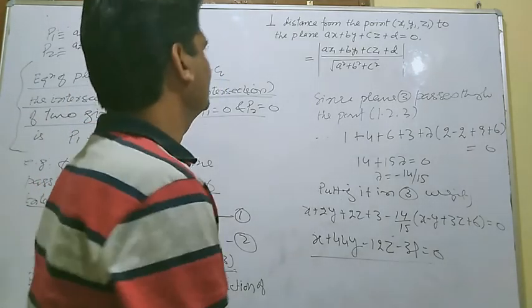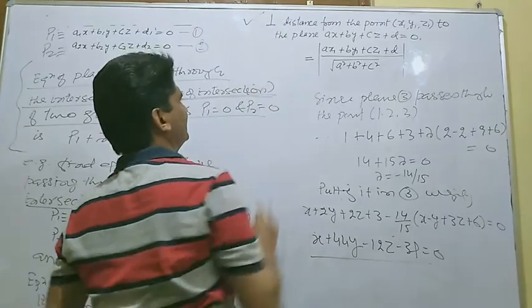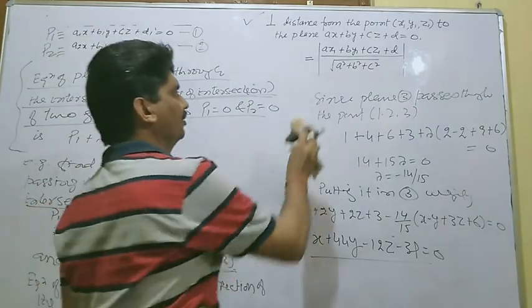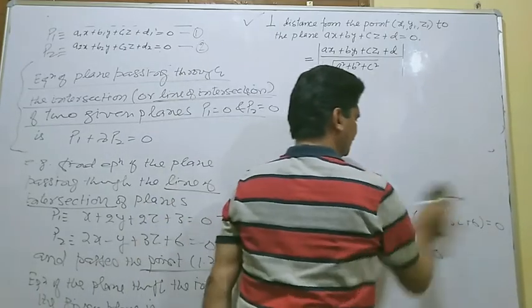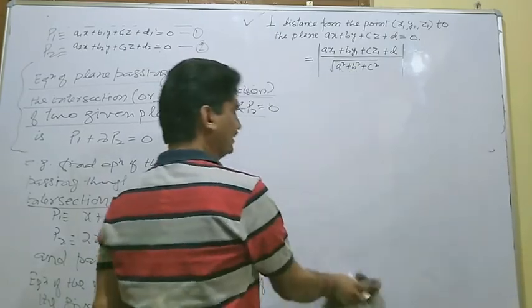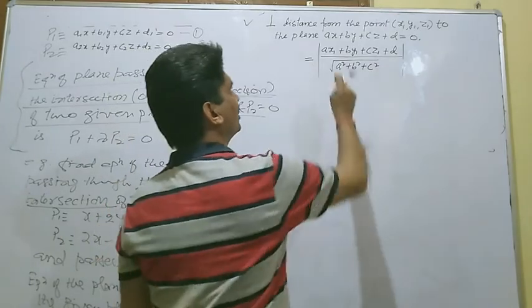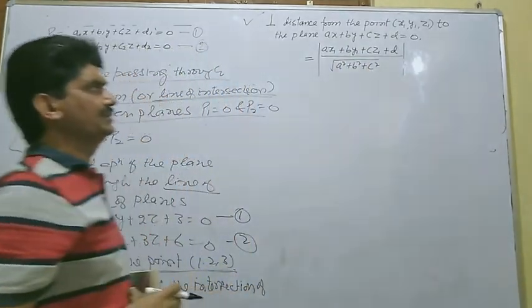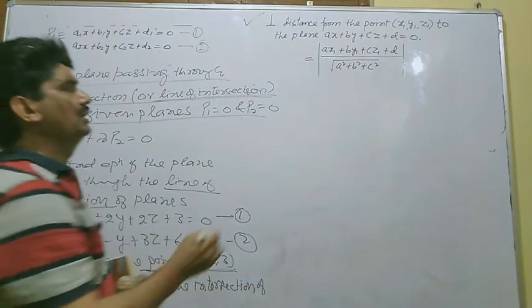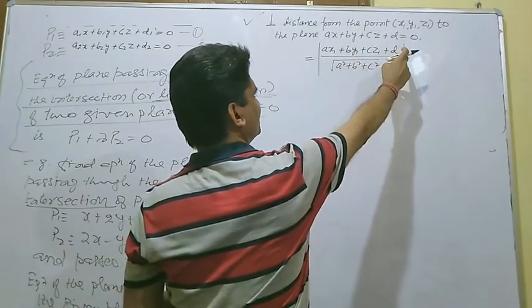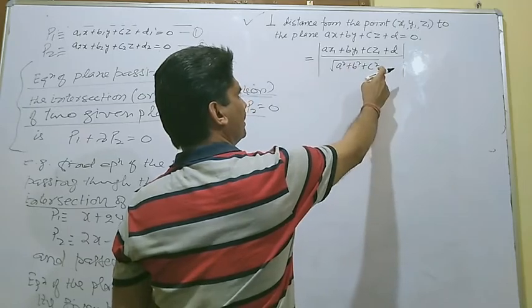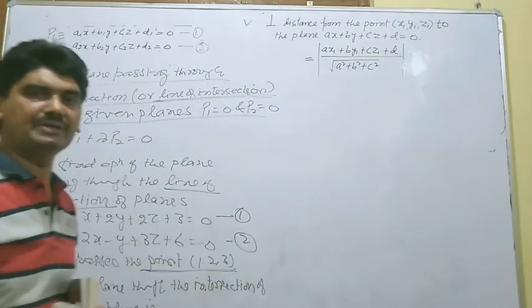Next formula is the perpendicular distance from a given point to a given plane. Suppose the point is (x1, y1, z1) and the equation of the plane is ax plus by plus cz plus d equal to 0, then the perpendicular distance is mod of ax1 plus by1 plus cz1 plus d upon under root a square plus b square plus c square.